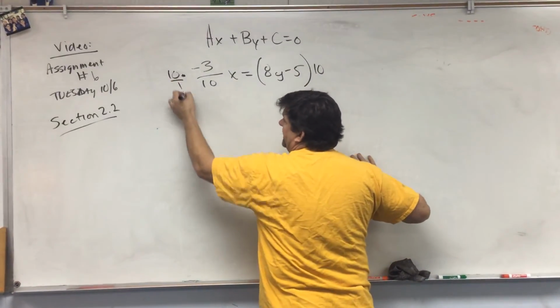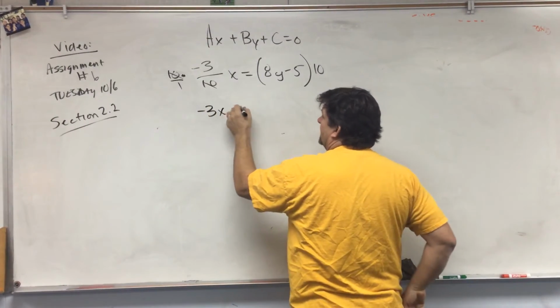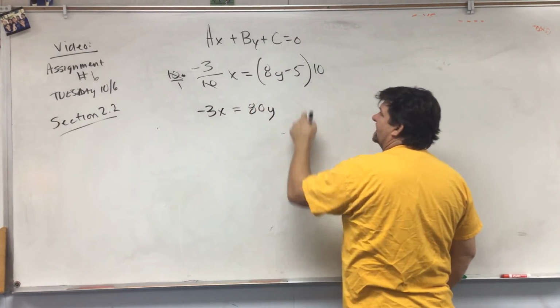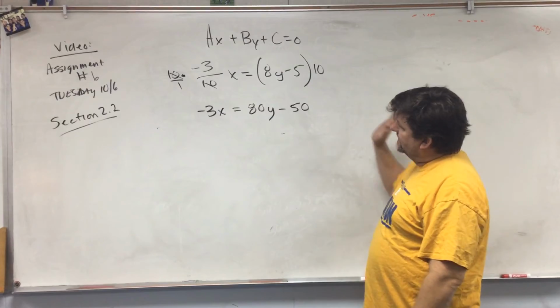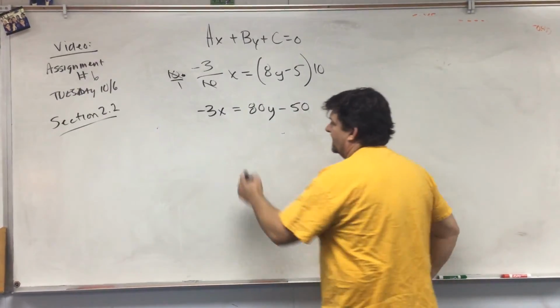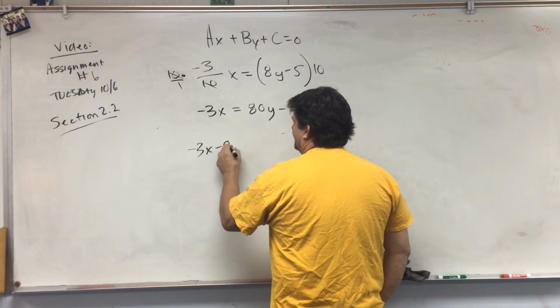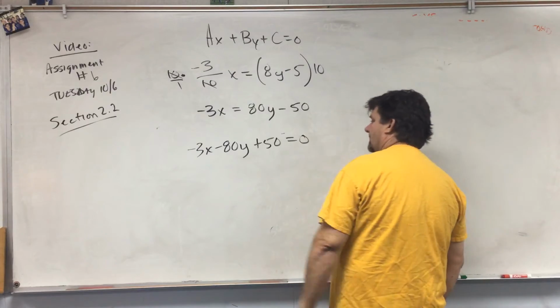So if I multiply this by 10, this cancels and I get -3x equals 80y minus 50. Now I got to move everything over to the left side. So if I move everything over to the left, I get -3x minus 80y plus 50 equals 0.